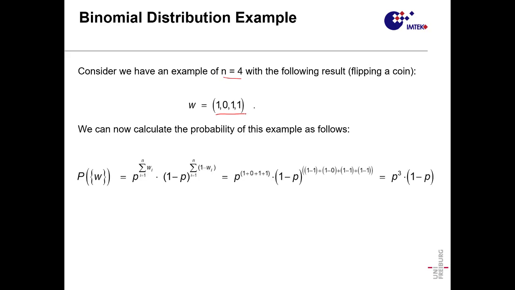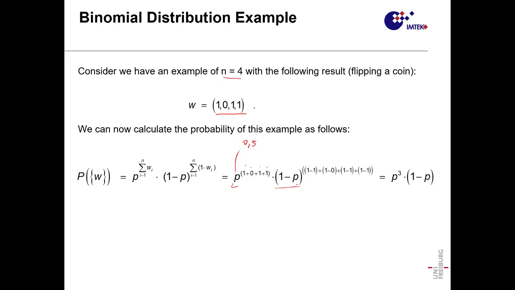The probability P could be defined in any way. Flipping a coin could be, for example, P equal to 0.5. And then you have P to the first event, 1, to the second event, 0, to the third and the fourth event, also summed together.